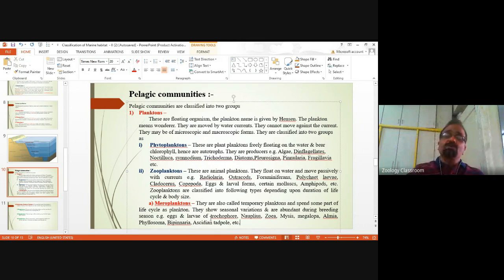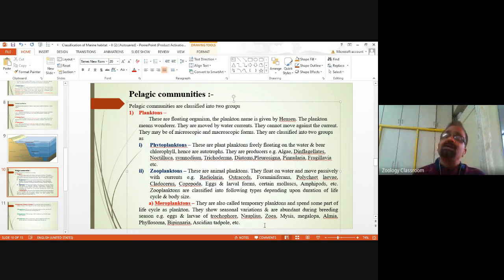These larval forms spend a temporary life in this form, and thus they act as planktons. They act as zooplanktons, and they form food of certain marine organisms.